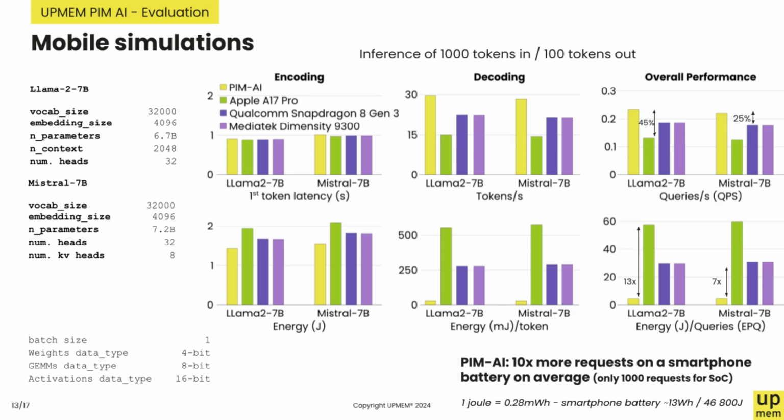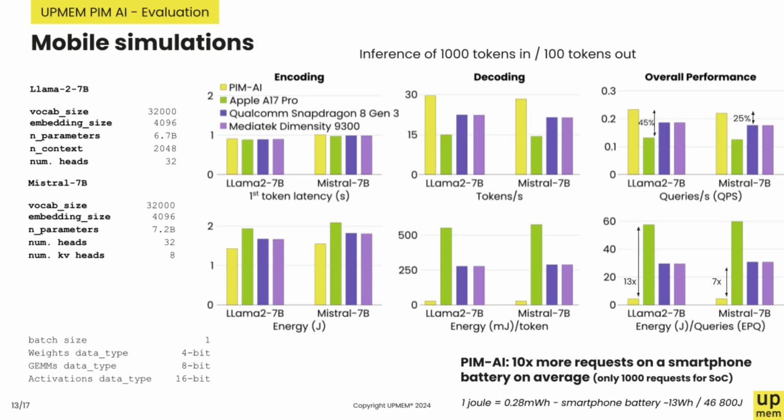The most interesting for PIM is the decoding phase, where we can achieve better tokens per second, meaning we can execute the model more times than the other SoCs, because we have better memory bandwidth. And we also have a much better energy efficiency because of this processing in memory.